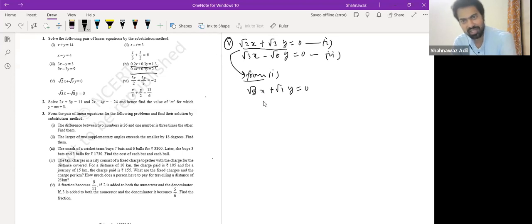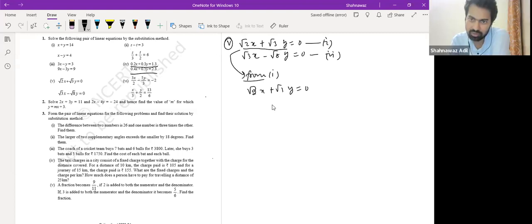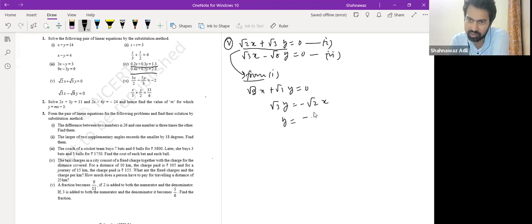So root 3y would be minus root 2x. Right, Amira? Yes, sir. So y would be simply minus root 2 by root 3 x.